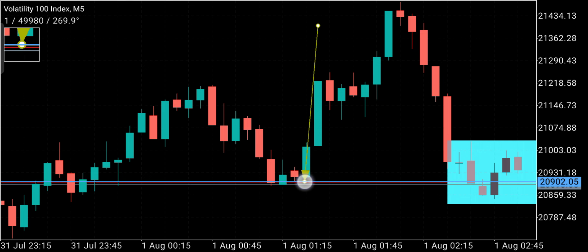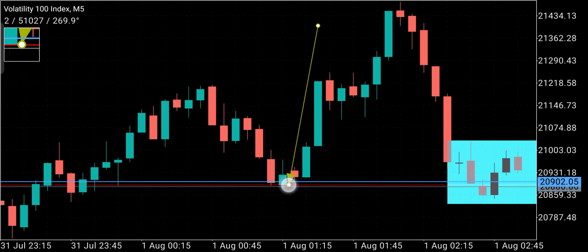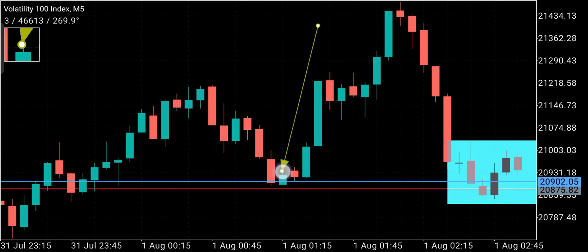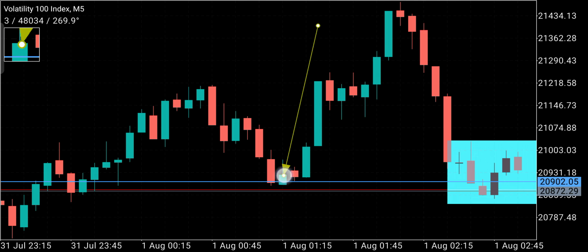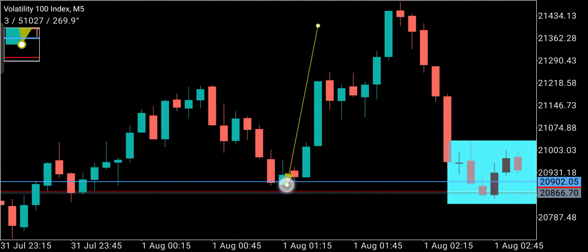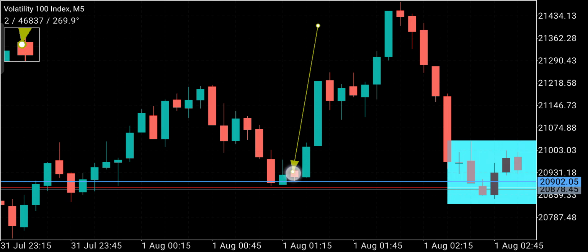Buyers came in; this was the first entry. The buyers came in on this candle. They took the price all the way up and rejected because sellers came in. They pressured down, so price closed around here, and they decided to pressure on this candle. But you see, they couldn't even go below this level, and then it closed.